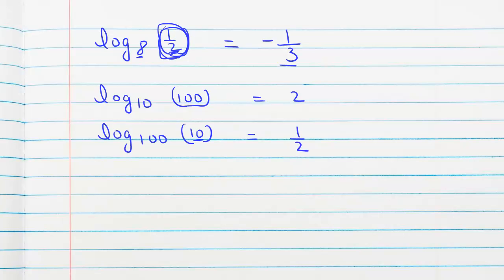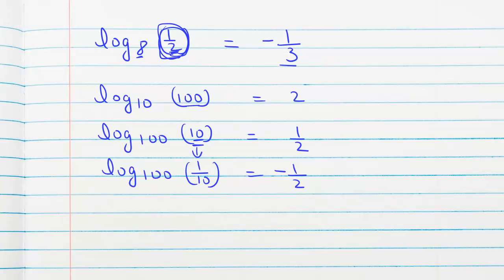So we have 1 over 2. But when we have log base 100 of 1 over 10, it's the same one, now it's in fraction, so the answer will be still the same, 1 over 2, but because it's in fraction, it will be a negative.